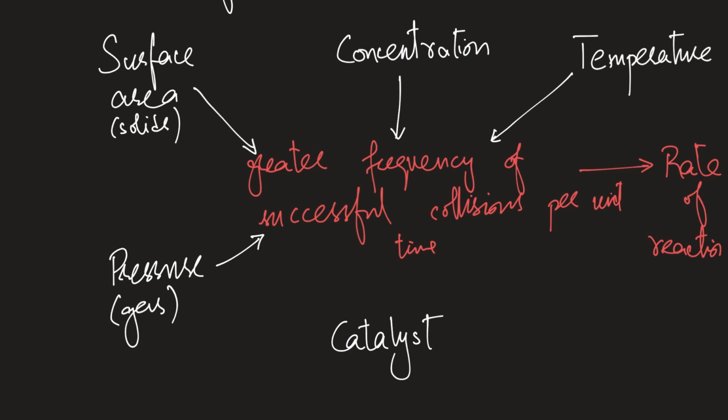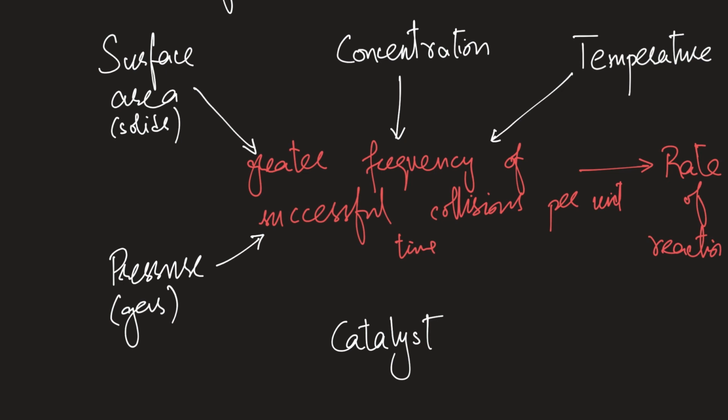So catalyst, what it does is that it basically reduces the activation energy. So what was a successful collision? It was a collision that was happening with the correct angles and with the correct energy. Now that energy was obviously some value of activation energy. Catalyst has lowered that value.